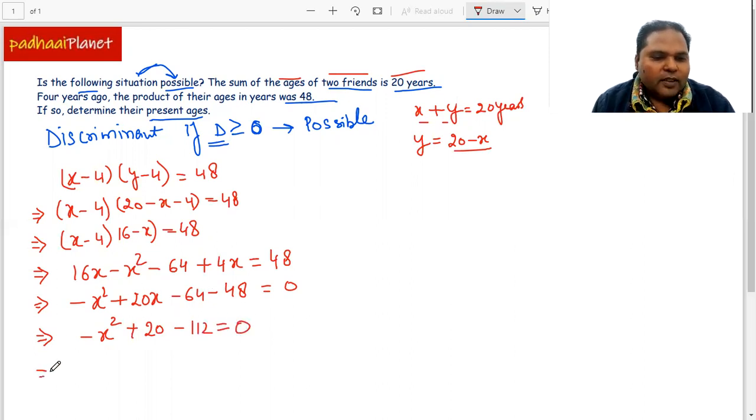Now let's make it a little simpler. We can multiply both sides of the equation by minus 1, and we are left with x square minus 20x plus 112 is equal to 0.